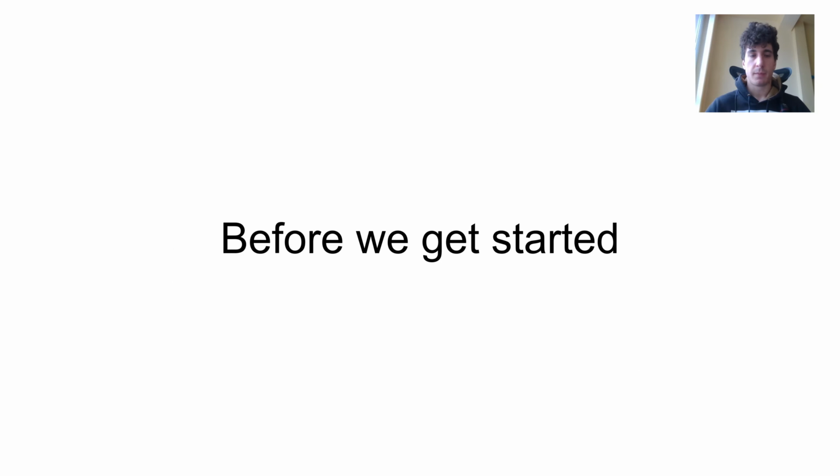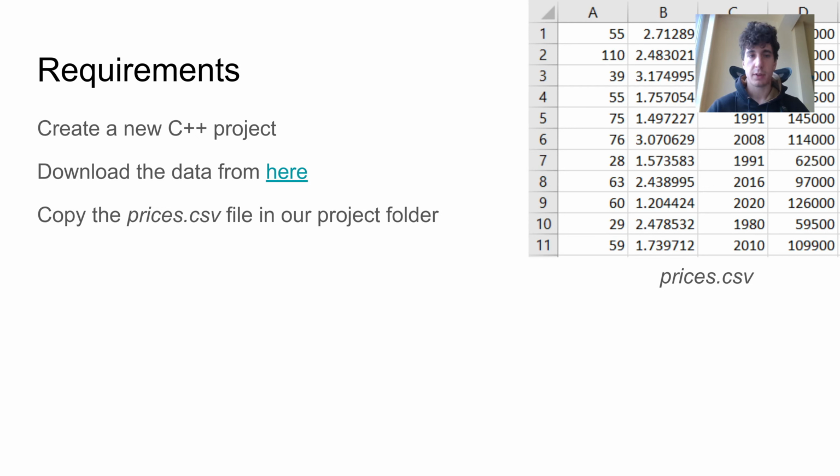All right, before we get started, the first step is to actually download this prices table and put it into a project. You can use any programming language you want. If you know how to read from a file and how to write functions, that's enough. We'll use C++.